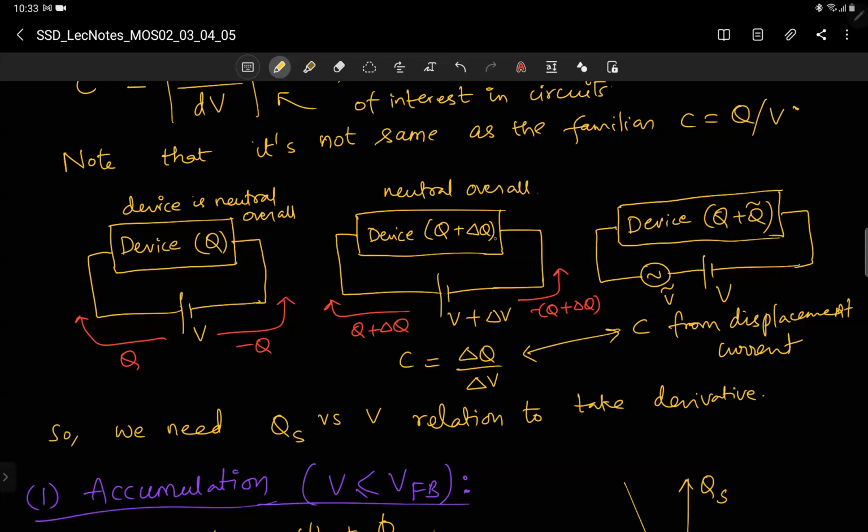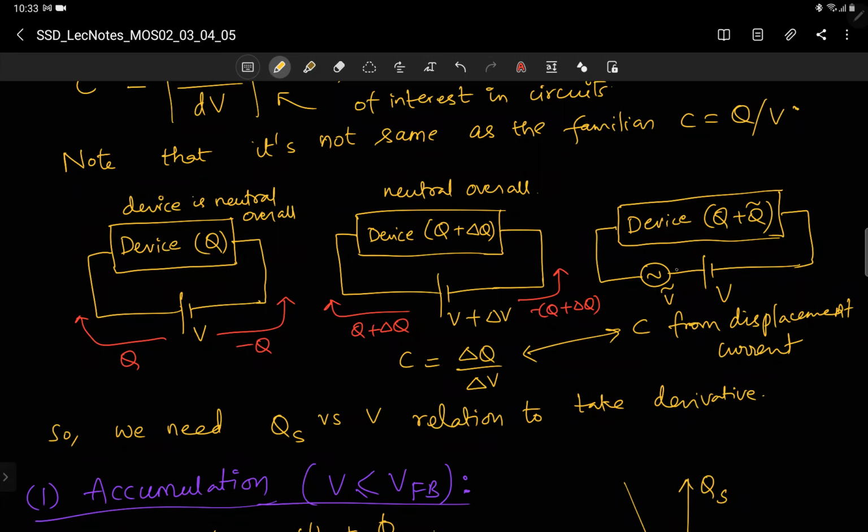Why this is of importance in circuits is that circuits are biased in some range, and then you apply a sinusoidal signal and you amplify that. In most electronics, this is what you see: a small signal which gets amplified. That is what this transistor does.